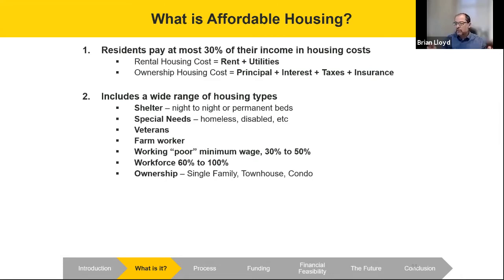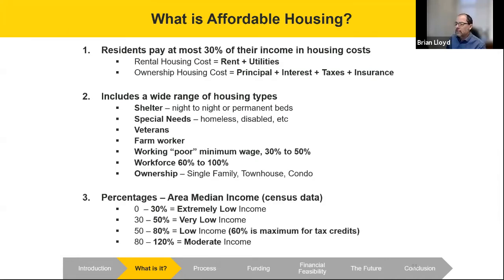Poor is in quotes there because that's not my favorite word, but folks who are working but earning wages that qualify them for extremely low and very low income housing, and then a vague definition called workforce housing, which can mean a lot of different things to a lot of different people. But in general it is sort of that 60 to 100% of area median income, or even up to 120% of area median income in certain high cost areas. And then, as I said before, ownership housing can also be included if it's serving lower income households.